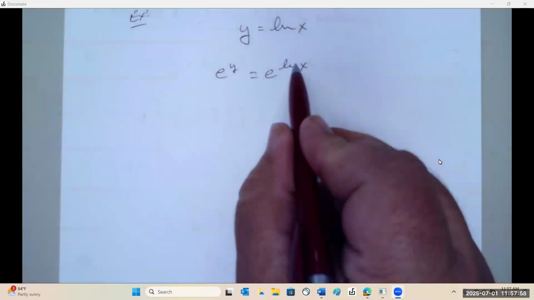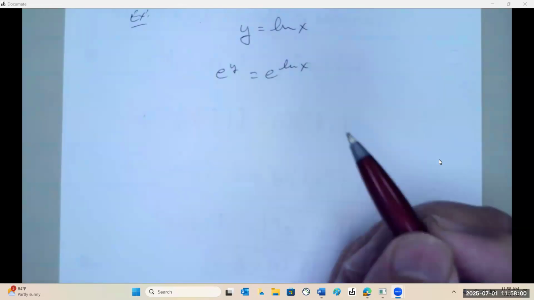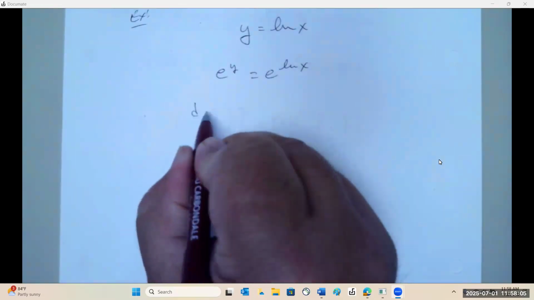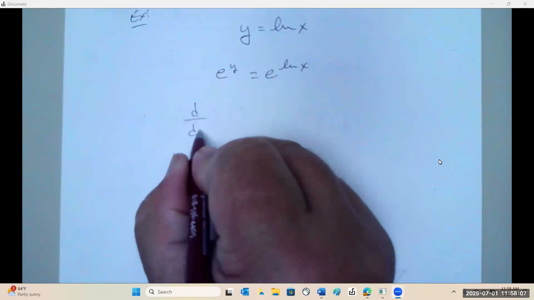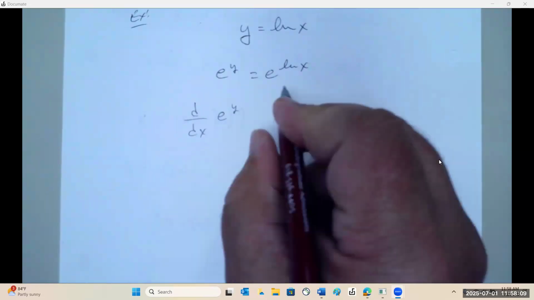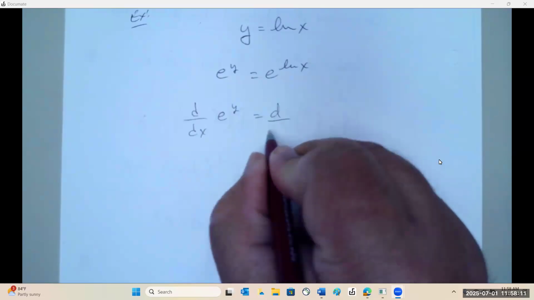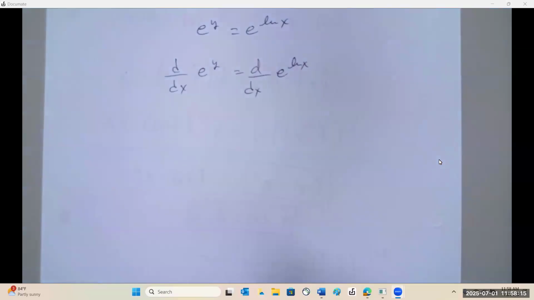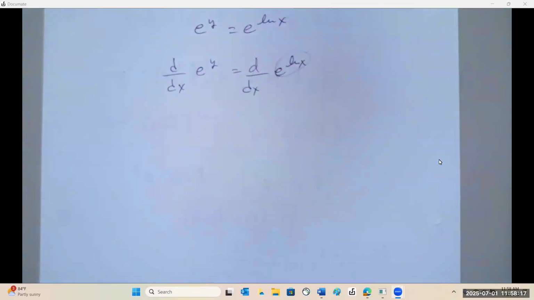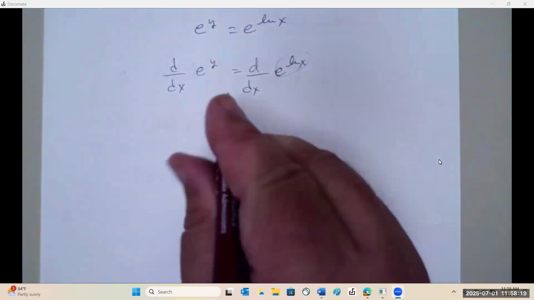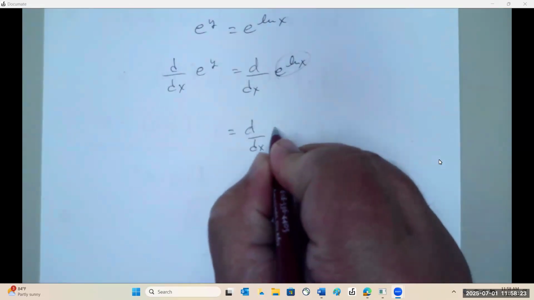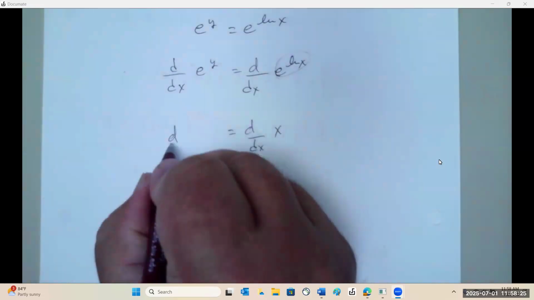So if we do this, now we can take the derivative of both sides. The derivative of e to the y and the derivative of e to the ln x. What is e to the ln x? That's just x.